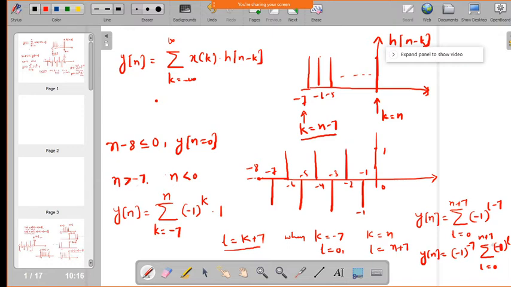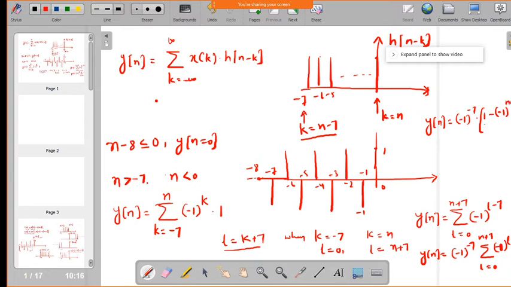So y of n equals minus 1 power minus 7 times 1 minus minus 1 power n plus 7 plus 1, and the resultant will be n plus 8.